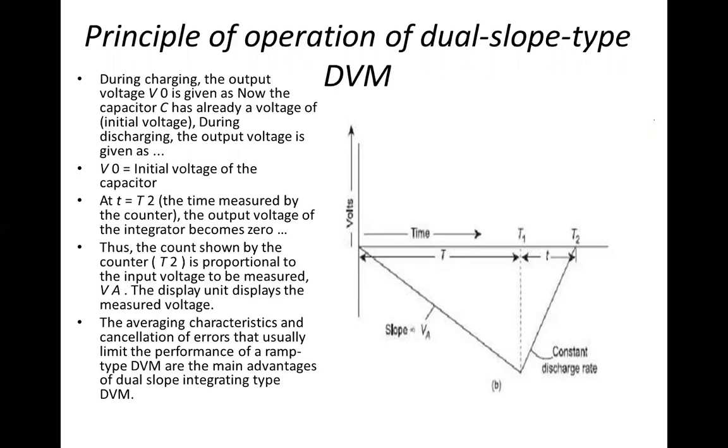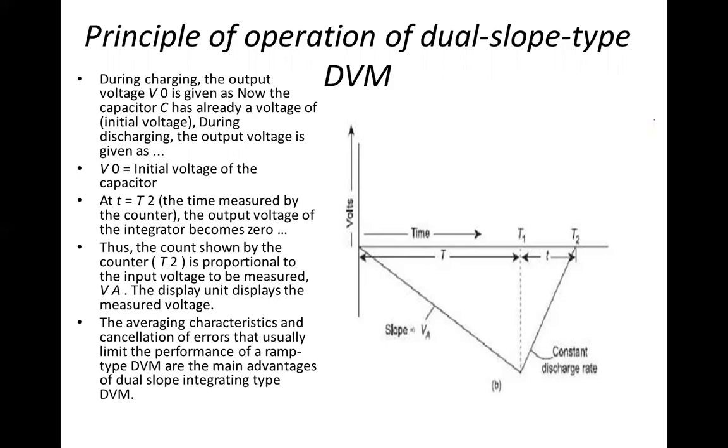The averaging characteristics and cancellation of errors that usually limit the performance of a ramp type DVM are the main advantages of the dual slope integrating type DVM. The integration characteristics provide the average value of the input signal during the period of first integration. Consequently, disturbances such as spurious noise pulses are minimized.